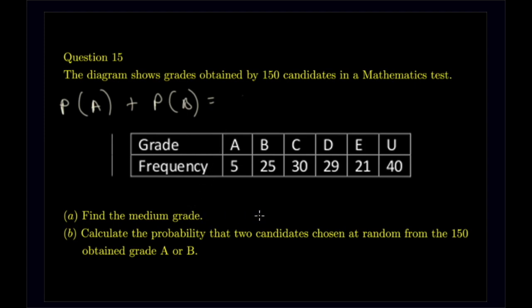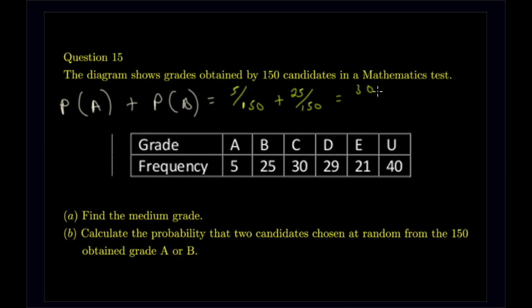So here we are asked to calculate the probability. The probability of falling into A would be 5 over 150, and the probability of picking a person who had a B grade would be 25 over 150. So what do you get here?